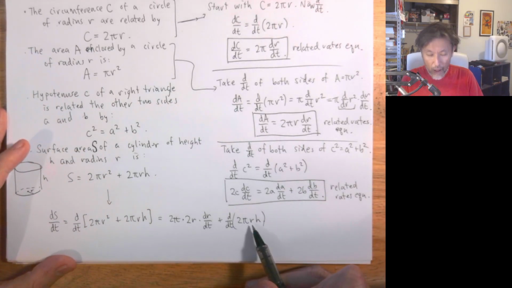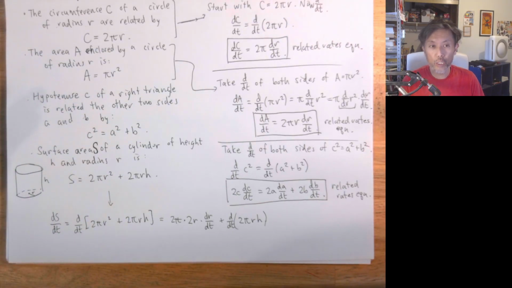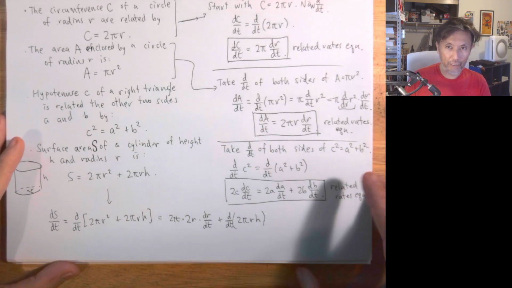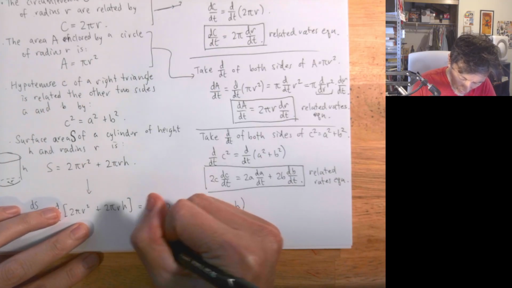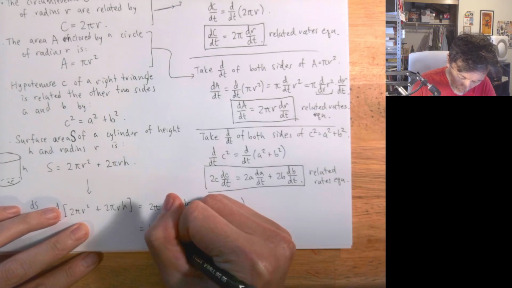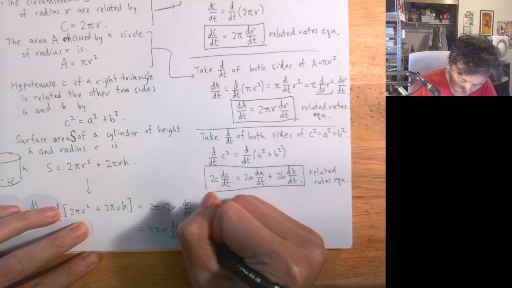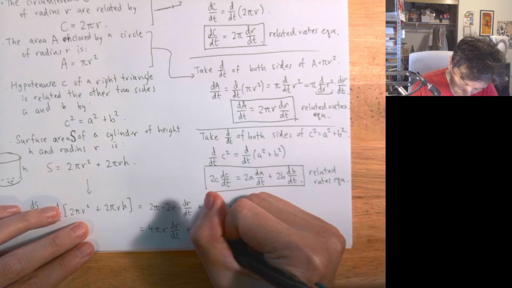Because after all, this is a product of two quantities, r and h, which could be changing with time. So we have to use the product rule in order to evaluate the derivative with respect to t of that product. So I'm going to clean this part up because that can be simplified to 4πr dr/dt. This 2π goes outside of the derivative.